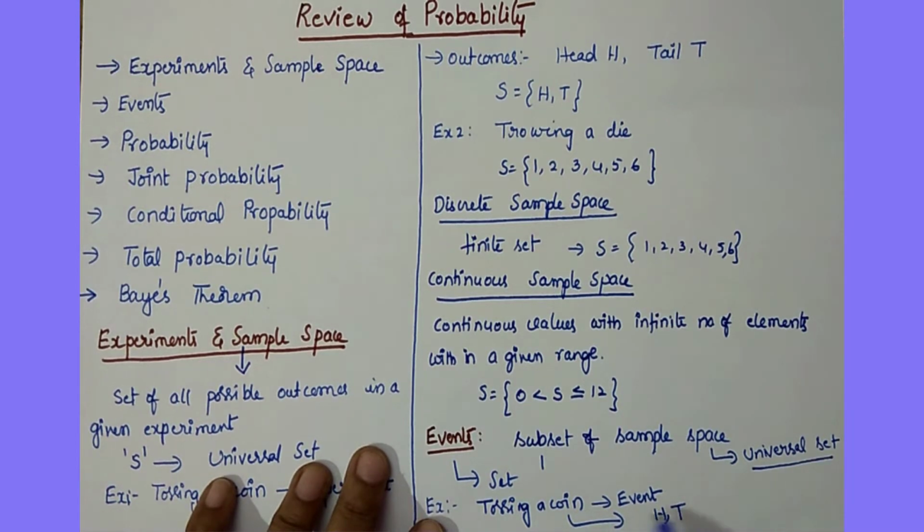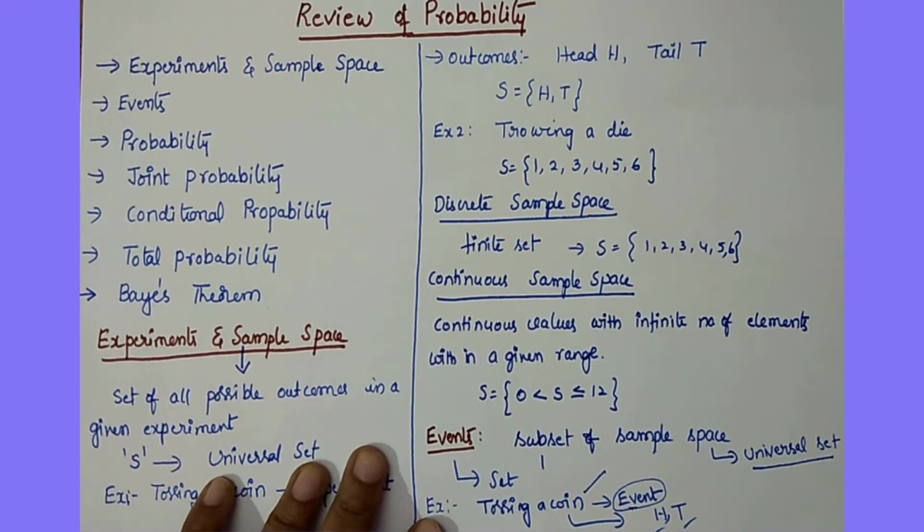Your universal set consists of all the possible things of an experiment. Your experiment totally consists of event and outcomes. So tossing a coin becomes a subset of universal set. Because suppose take this example, your universal set consists of this event and outcomes. So simply if you take event, it becomes the subset of your universal set.